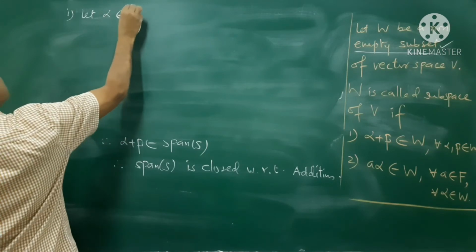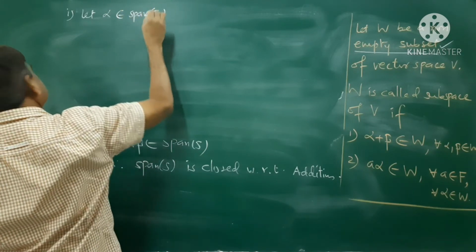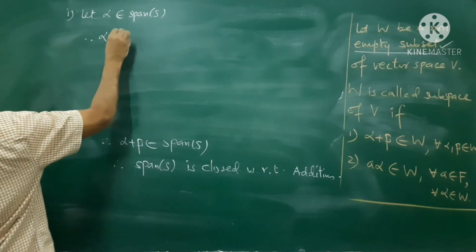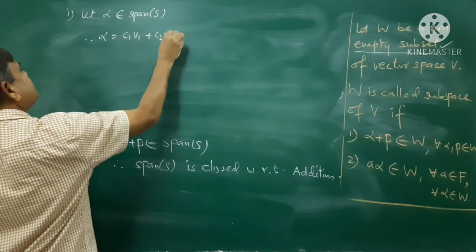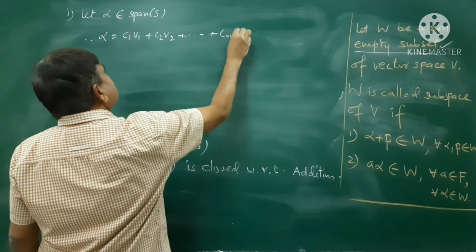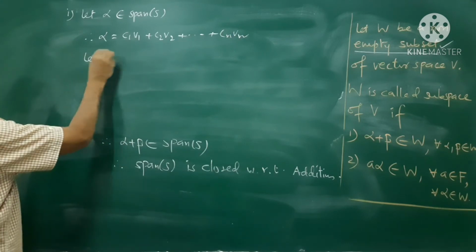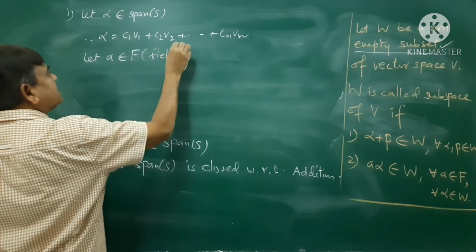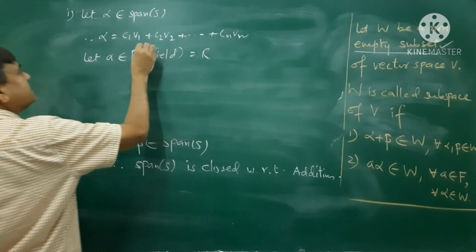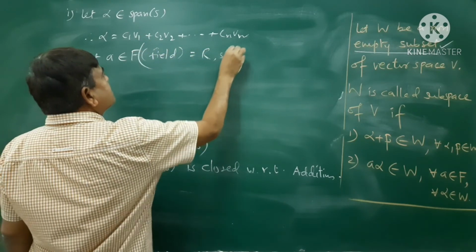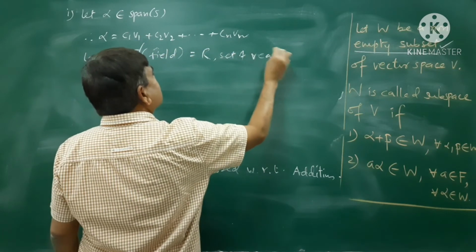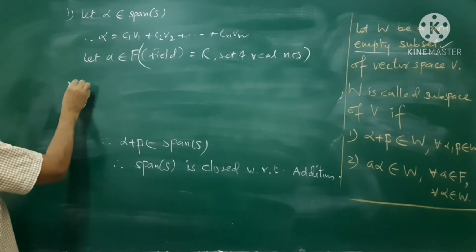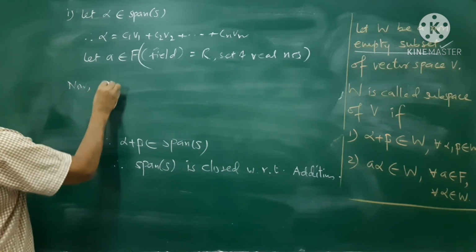Okay, now we can see the second one. Let alpha belong to span S. Therefore, alpha is C1 V1, C2 V2, up to Cn Vn. Let A belong to the field, and here this is R, the set of real numbers. Again and again I am writing this. Now, what is A alpha?